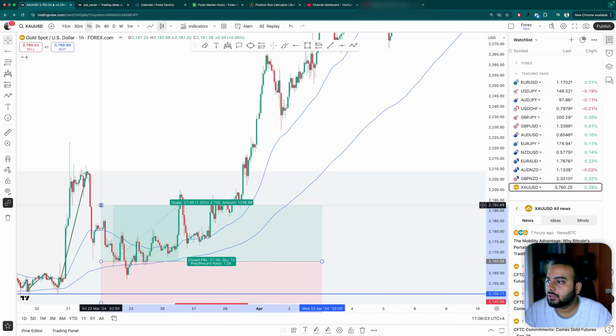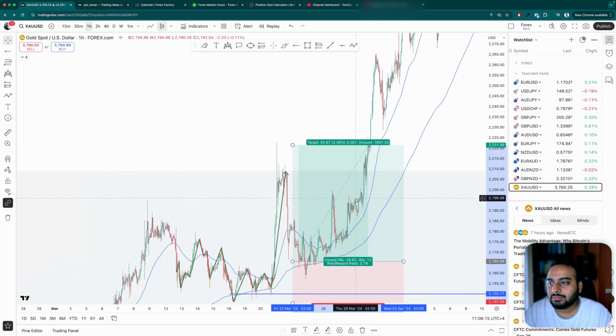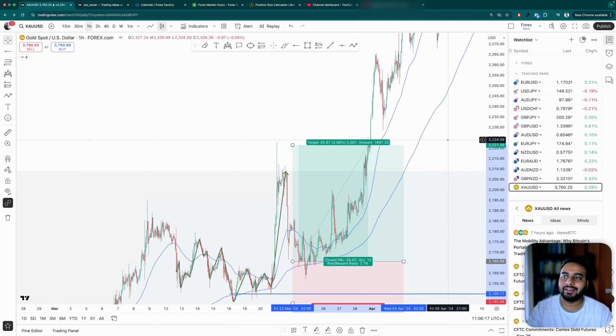And I could have looked for 1:2. As you can see, this is the recent wick high, and you can also call it a swing high. But as there is bullish momentum, I would enter a trade where I don't have a specific target. And I'll tell you why. Because a lot of higher highs and higher lows are getting created.